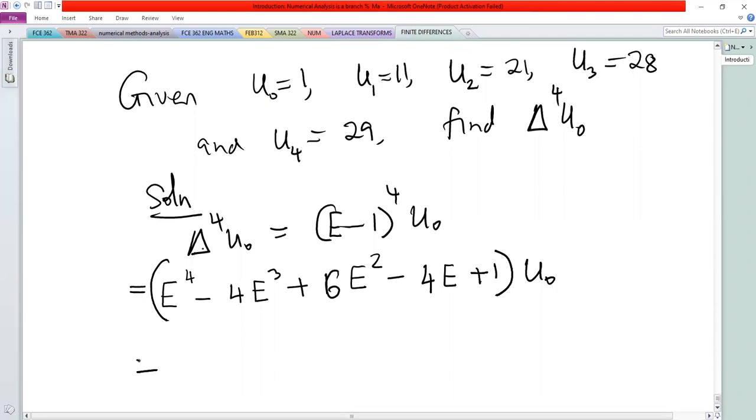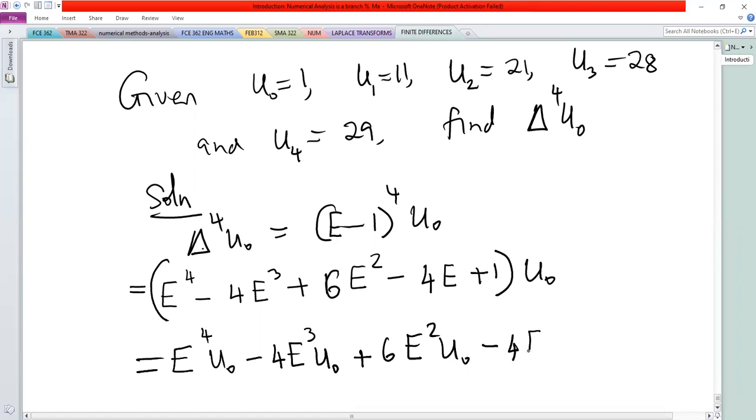And this will give us E raised power 4 U naught minus 4 E raised power 3 U naught plus 6 E raised power 2 U naught minus 4 E raised power 1 U naught plus U naught.